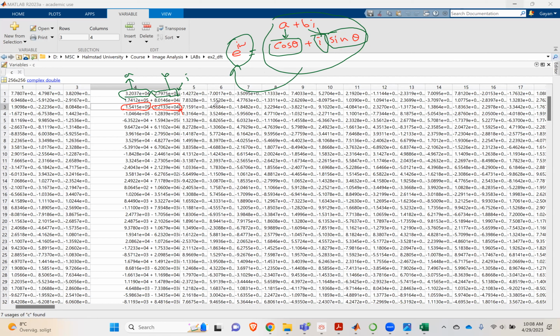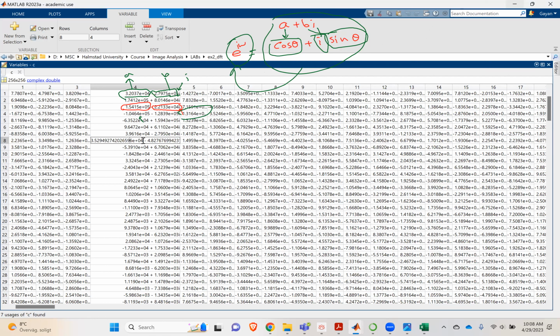Here the notation is different because it's scientific number format. If I double click, you can see this number is so long, like e to the 10, and so on. It's just notation, but this is the whole thing.